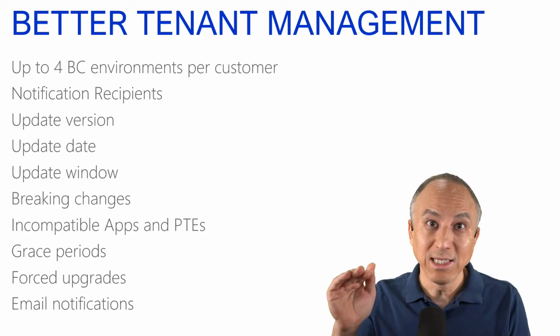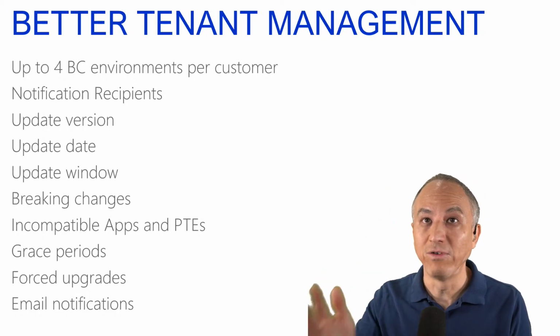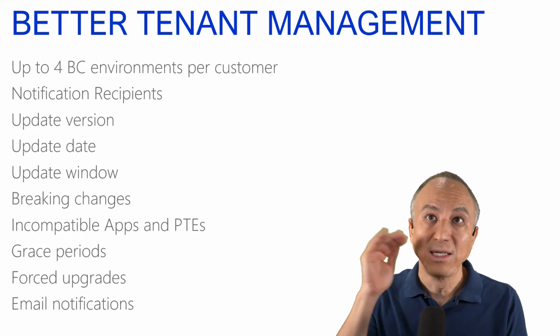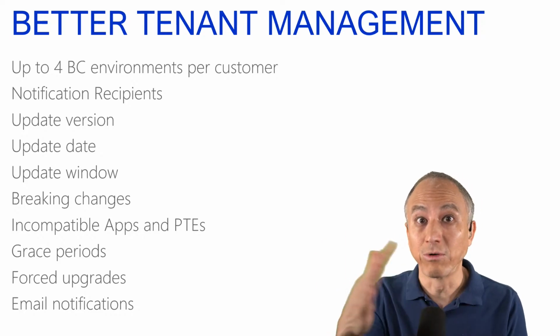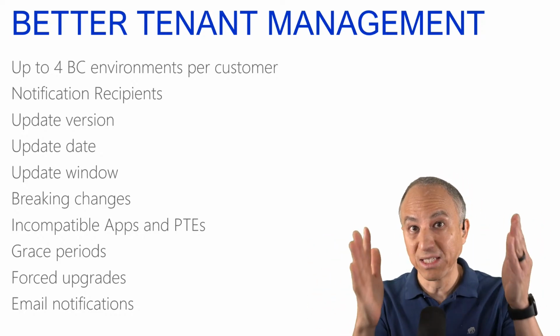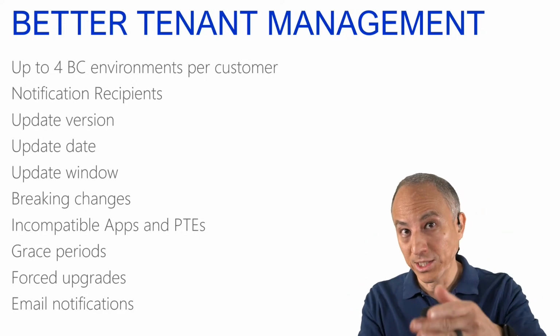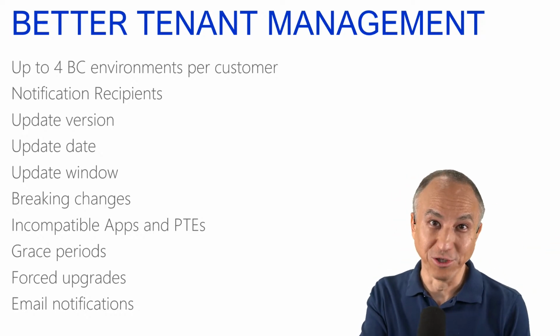So imagine all of these settings for every environment, potentially every customer, certainly in prod for every customer. And then you've got to deal with breaking changes, incompatible PT apps. You've got your grace period. That's your limited window of 6 months to upgrade, at which point you will get a forced upgrade. And how do you deal with all the email notifications?